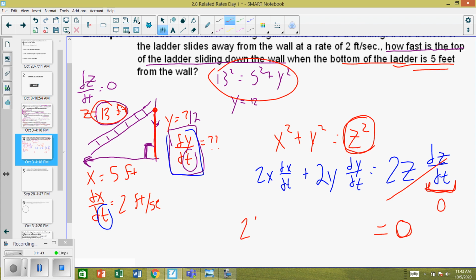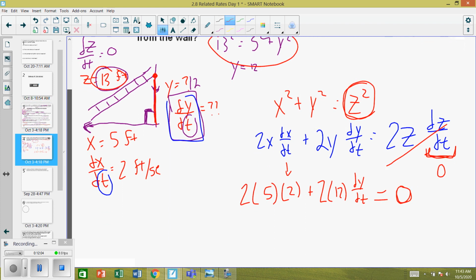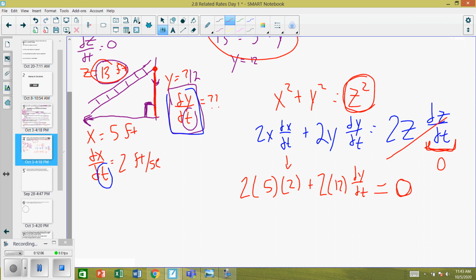Here we got 2 times 5 times 2 for dx over dt. Here we got 2 times my y value, which is 12, and my dy over dt value is the variable I'm looking for, or the answer I'm looking for. And notice how we got everything else filled out.